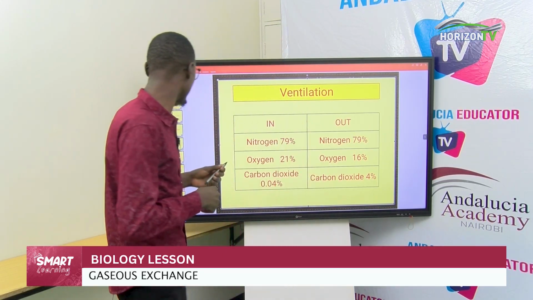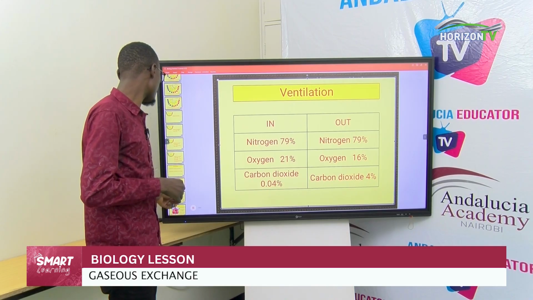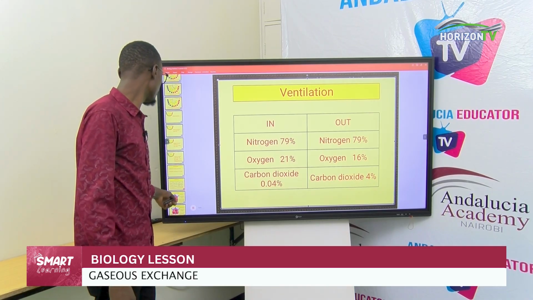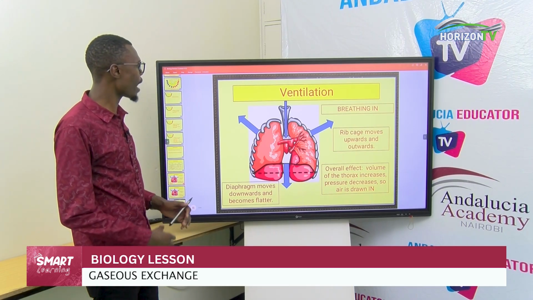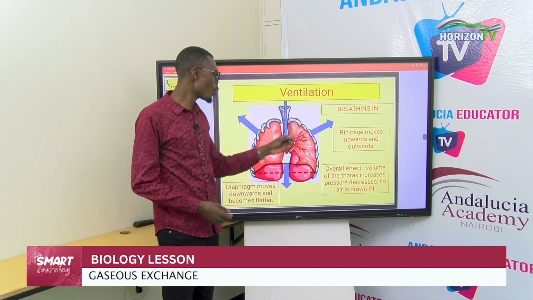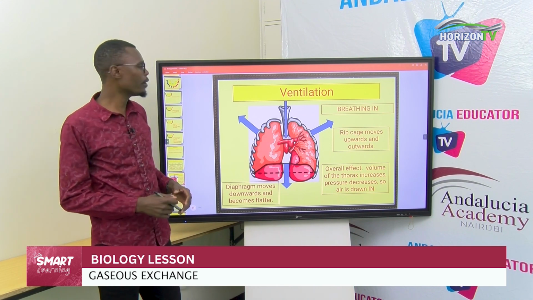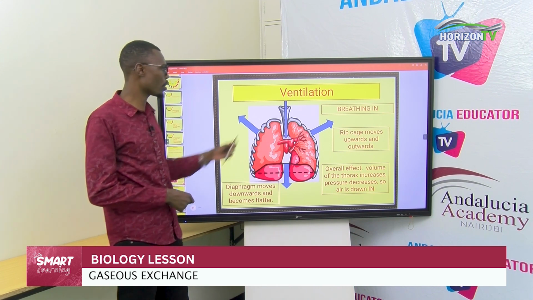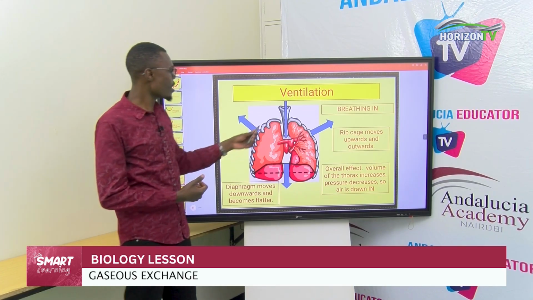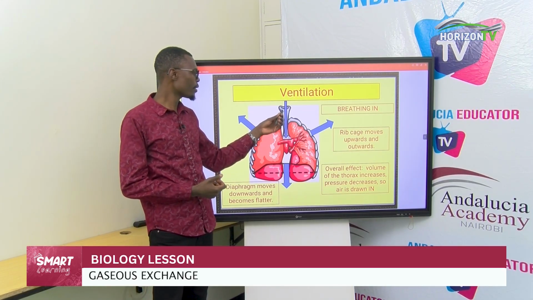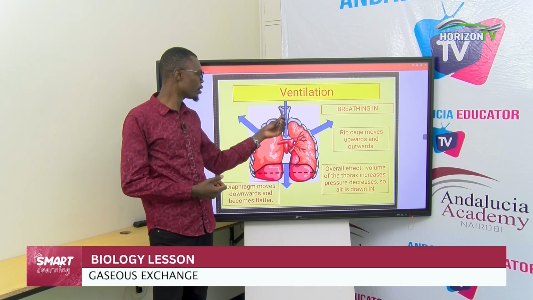The structure of the lungs, that's how the structure of the lungs looks like. That is the structure of the lung. And I've said all these structures, we need them during the breathing process or during ventilation process. So as we had seen, these structures, now we know their names.